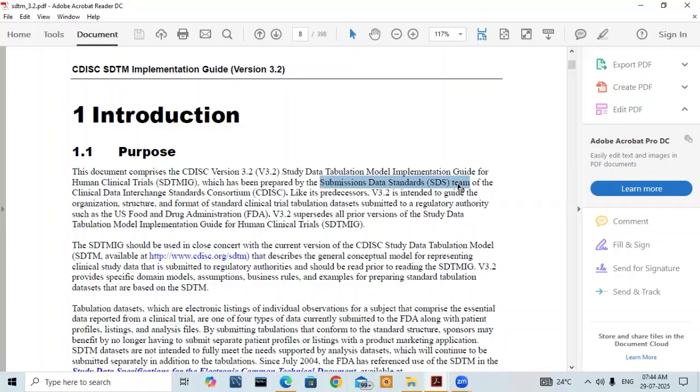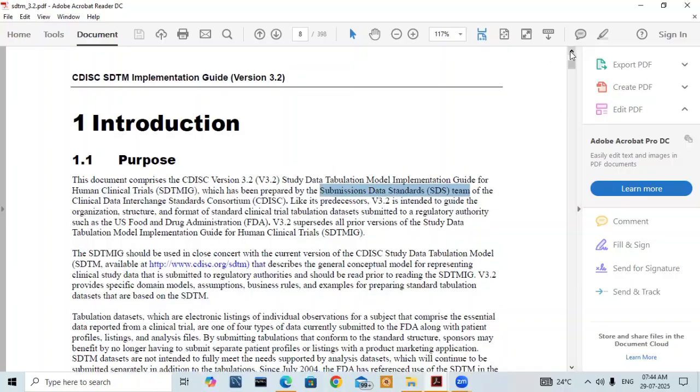Those standards have been designed by the CDISC organization. In that, we have the first, SDTM, Study Data Tabulation Model, and the other is ADaM, Analysis Data Model. We will see them one by one. Now we are going to start with SDTM, Study Data Tabulation Model, which is the full form of SDTM.